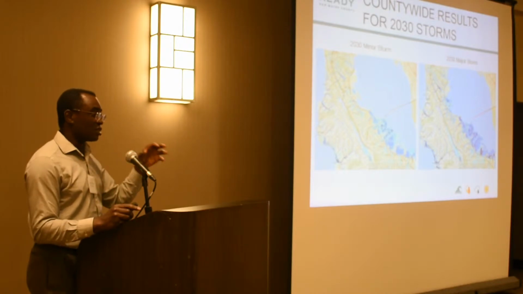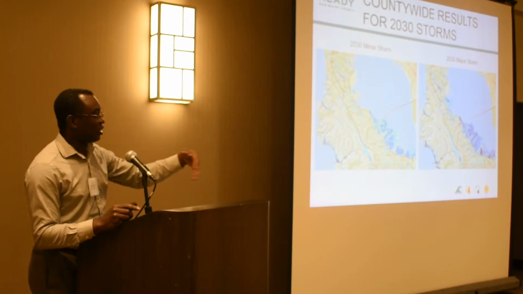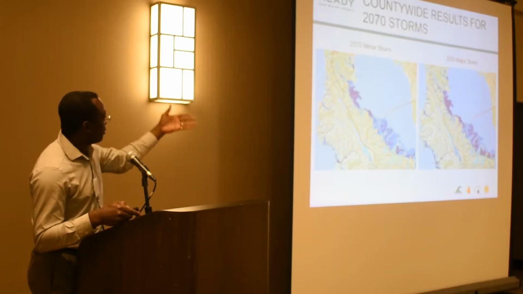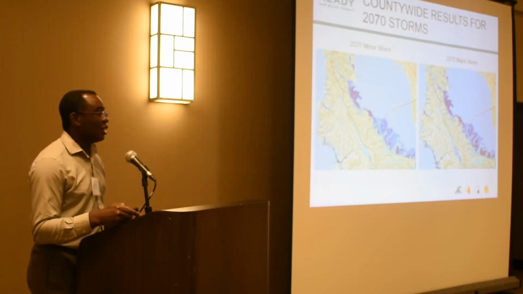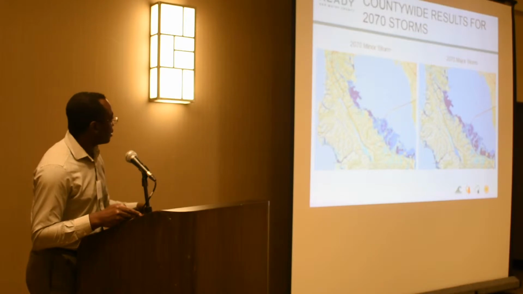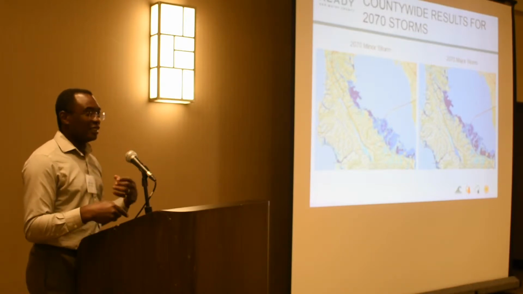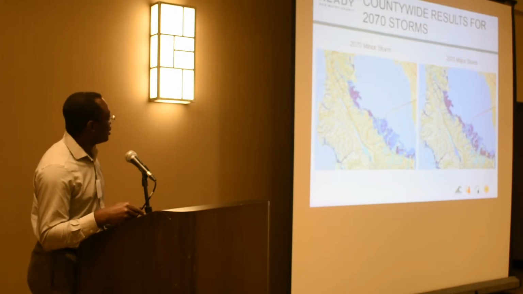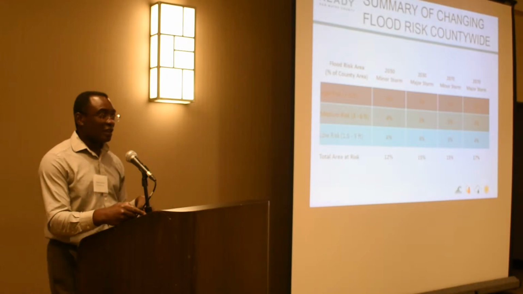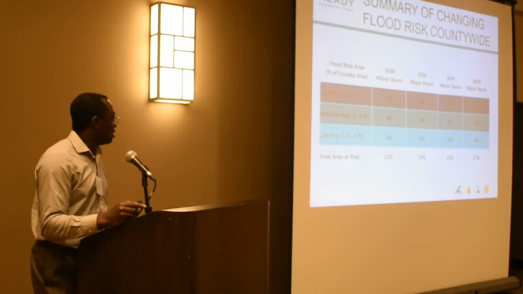This is not salt water moving in, this is fresh water coming from rain, hitting the coastal interface. We have similar results under 2070 for the minor and major storm. It helps solidify the idea that you need to pay attention to what's happening from rainfall as well as what's coming from the ocean side, the sea level rise.